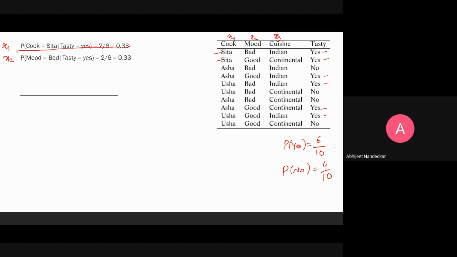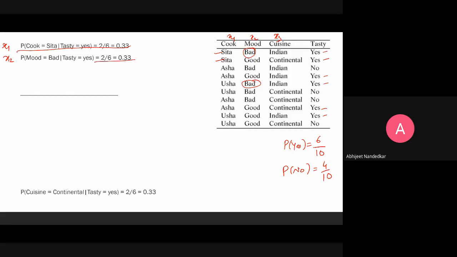I go to the 6 samples which are tasty and check whether mood is bad. Here it is bad when the food is tasty, and one more yes. This is bad, then this is good. So there are 2 samples with mood equal to bad within the domain of tasty food. So again it will be 2 by 6.